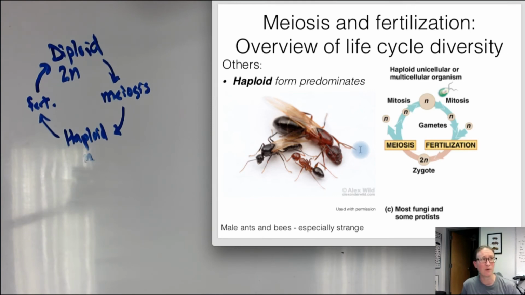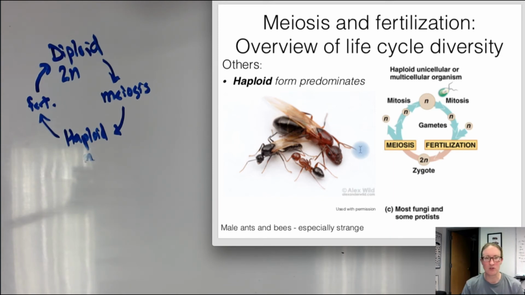They actually form from unfertilized eggs from a queen ant or a queen bee, so they have completely skipped the fertilization step. The queen ant and queen bee do fertilize eggs to produce diploid females, but the males are haploid.